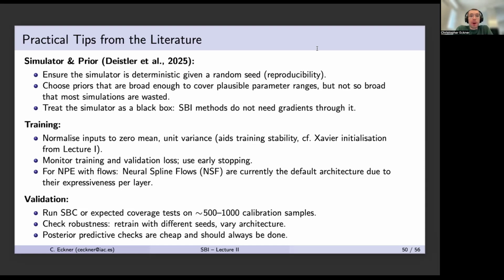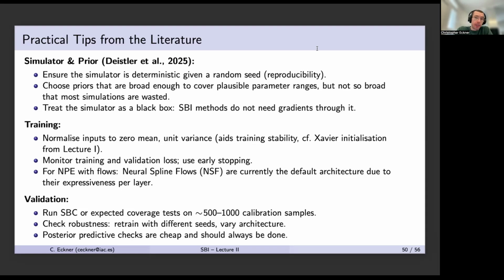In terms of training, it's the typical recommendation you always get for training neural networks. Normalize everything to inputs with zero mean and unit variance, because neural networks just like that. Monitor validation and training losses, use early stopping, and all of this monitoring in order to verify that your training works well.